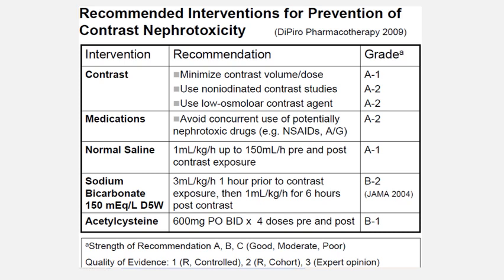So there is no C in this table, there is only A and B. The numbers 1, 2 and 3 show: 1 for controlled studies, 2 for cohort studies, and 3 for expert opinion. Again, in the last column there is no expert opinion. These are all controlled studies and cohort studies that are very evidence based. That means all these recommendations can be used to decrease contrast-induced nephrotoxicity.